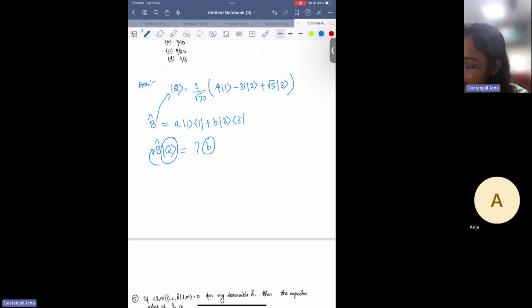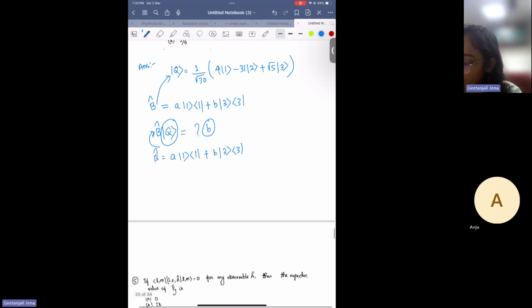So let's see. B is given as a |1><1| plus b |3><3|. Right? So let's find out what the matrix equation is. You see, there are 3 orthogonal bases, so you will see a 3 cross 3 matrix, and there is a <1|B|1> term here and a <3|B|3> term here.